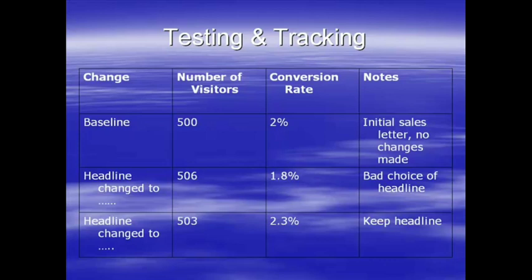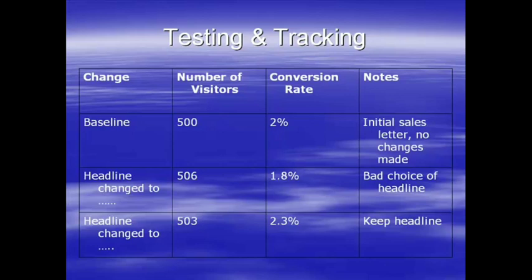Hang on, if I change the headline again and put it with this PS, that might increase it even more. So you can test different combinations and permutations. There's a lot you can do with this, but this is a simple form of doing it. You can do it on paper, you can do it on a spreadsheet. It doesn't really matter what you do it on, as long as you do it.